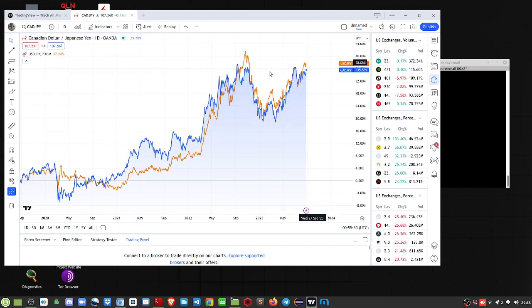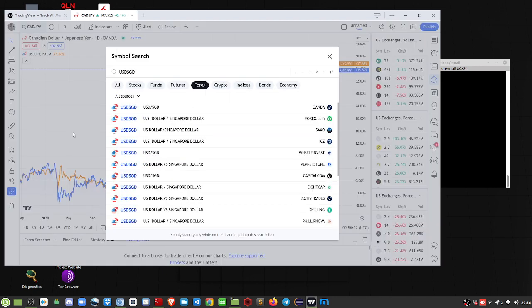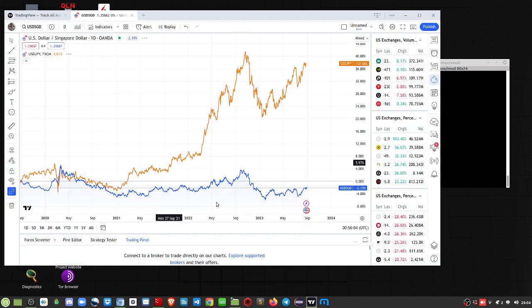You see, it's pretty well in line with each other. So for liquidity purposes, I'd probably just stick with the USD and Japanese yen. Singapore, it's been flat, as you can see here. The USD yen is just way better to stick to.